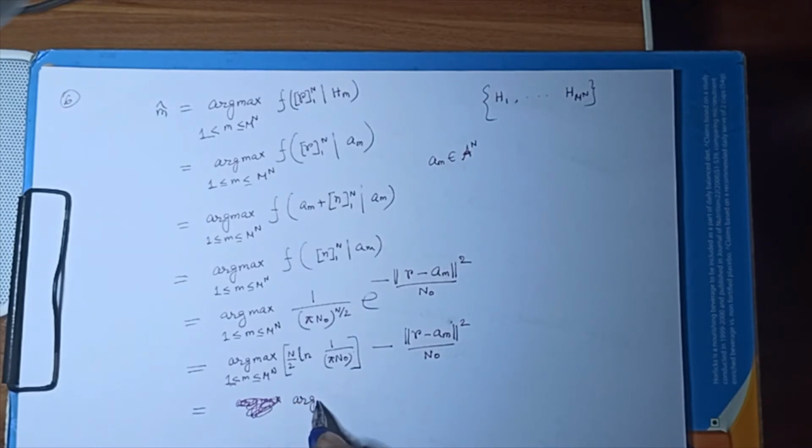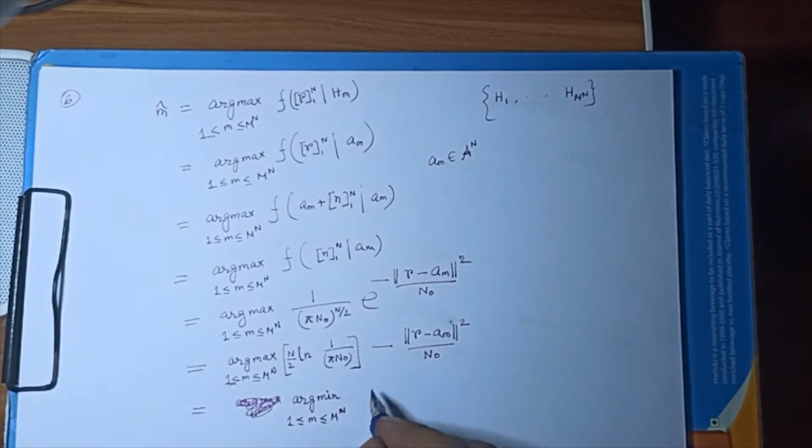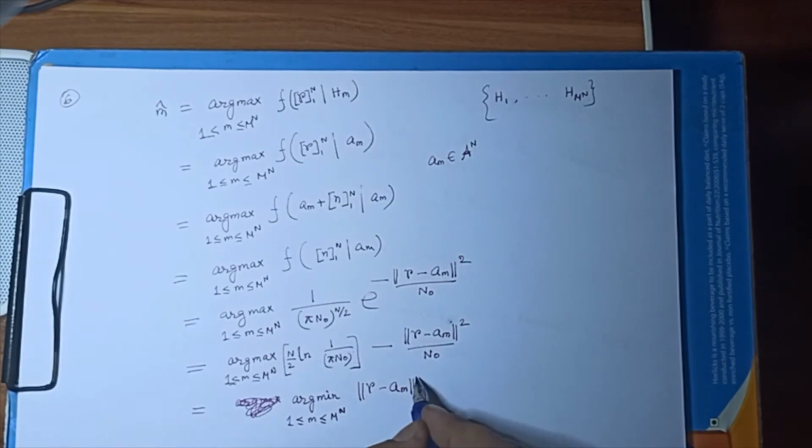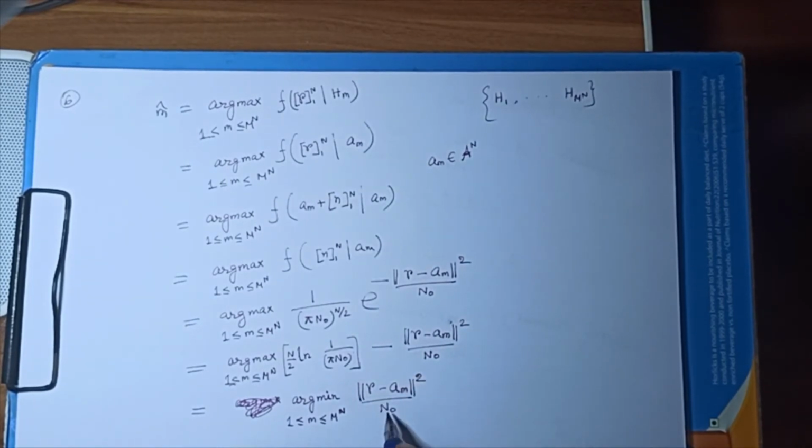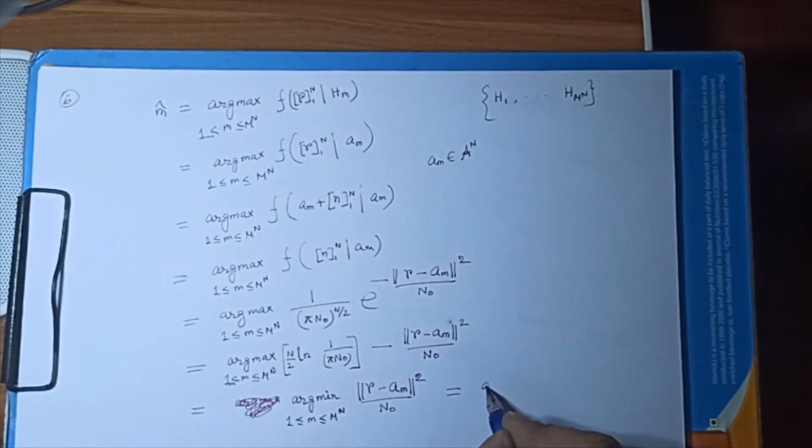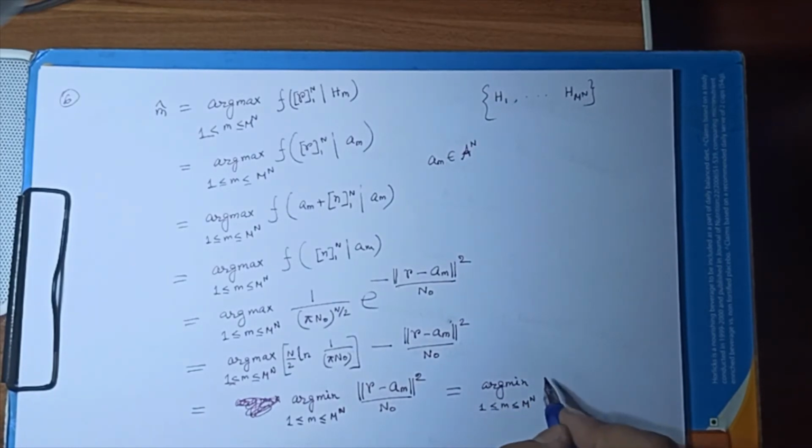So I am straight away writing argmin for all m of (r - a_m)^2 / N0. N0 is also a positive constant, so I can get rid of that. So this is equal to argmin of (r - a_m)^2.